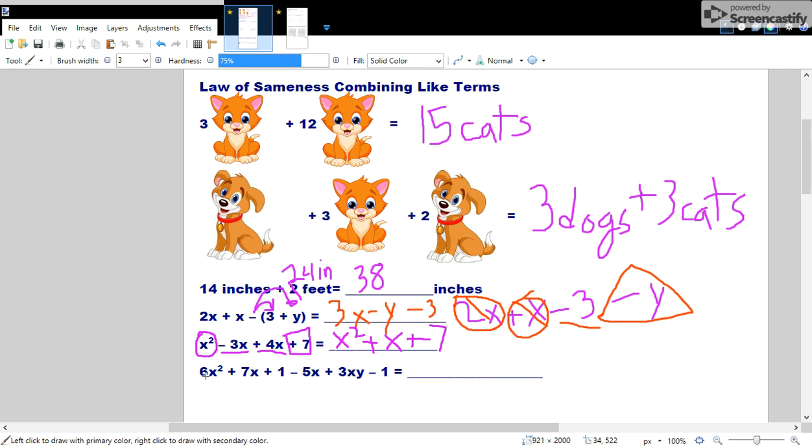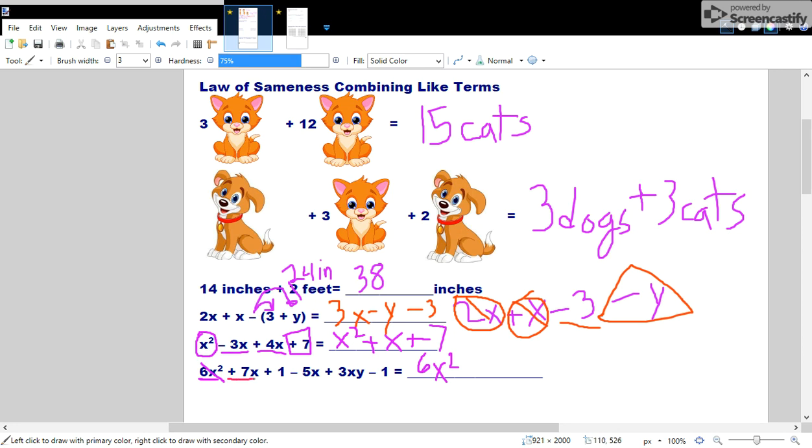Now for this last one, we have 6x squared plus 7x plus 1 minus 5x plus 3xy minus 1. Well, let's first look at our x squared terms. X squared, there's no other x squared, so let's just go ahead and carry that over. 6x squared. And then we're done with that one.